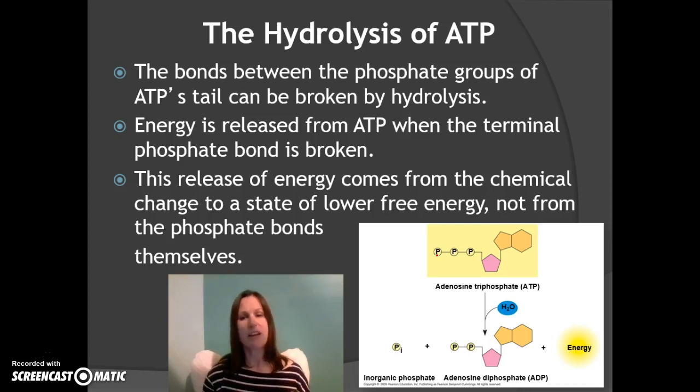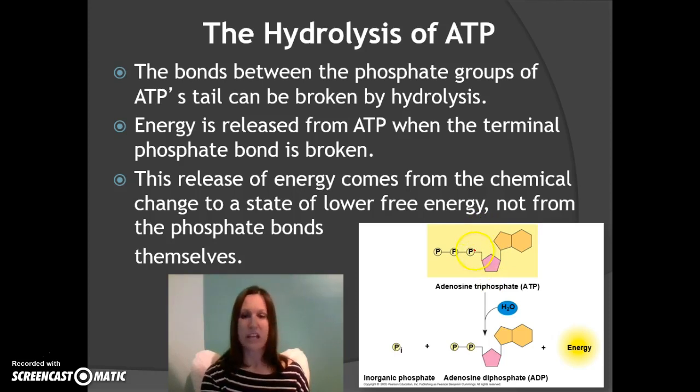So when we talk about energy being released, we're looking at the reaction as a whole, not this one little step here. You have to remember that reactions are a series of steps. It's not just this one. A couple different things are happening.